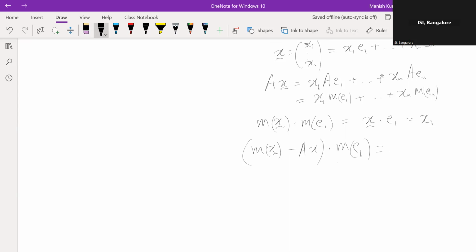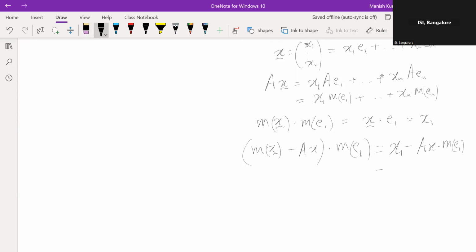What do we get? Mx dot ME1 is x1, and Ax dot ME1 is, so this is x1 minus Ax dot ME1. And this is again 0, right? Because, for matrices we know it is okay.